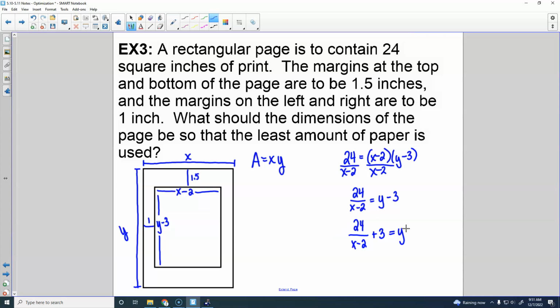Okay, here. Alright. Now, the reason we need to do that is because we need to plug it into the area formula, which is the formula that we're actually minimizing, right? So we're taking this stuff and plugging it in for the y. So I have that my area is going to equal x times (24 over x minus 2, plus 3).